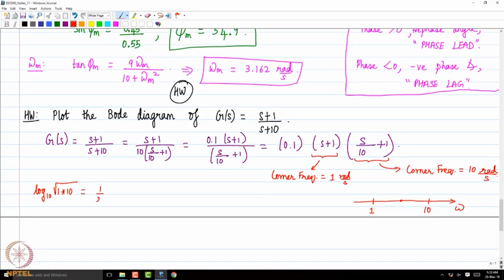So, first of all, log of a square root is 1 by 2 of log, correct? Do you agree? And then log of a times b is going to be log of a plus log of b. So, what are we going to get? We are going to get the midpoint, right, when we do this in the logarithmic scale.